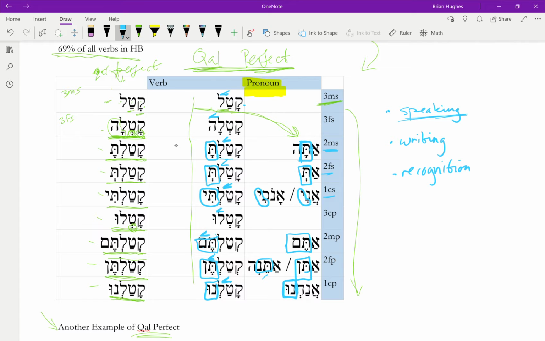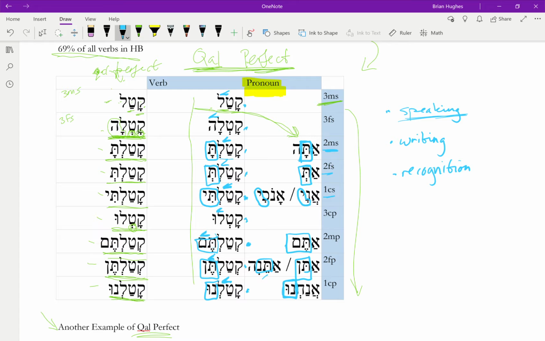So here we have katal, katala, katalta, katalt, katalti, katalu, kataltem, katalten, katalnu.